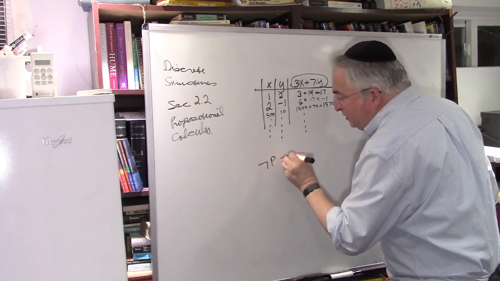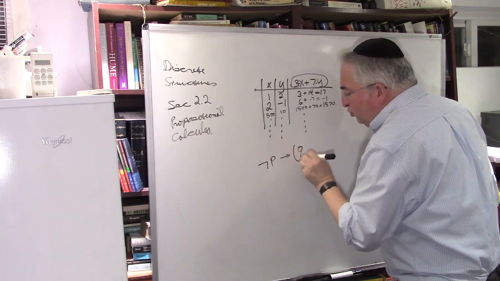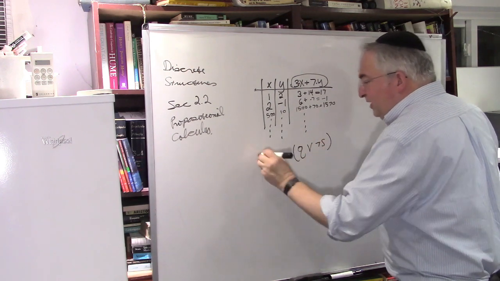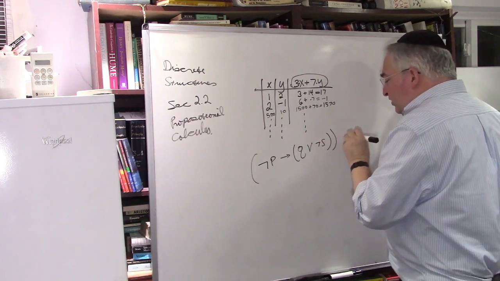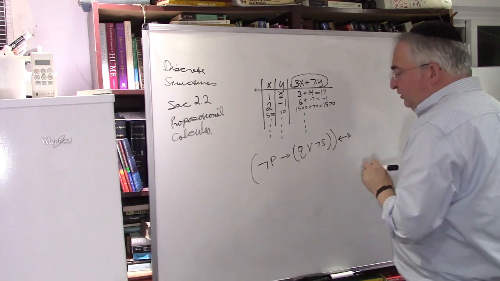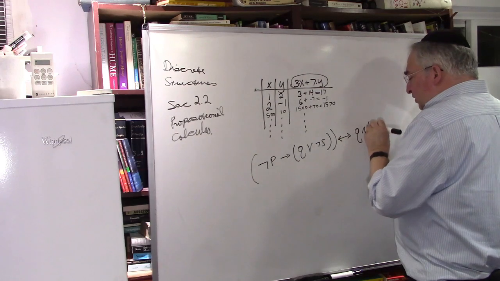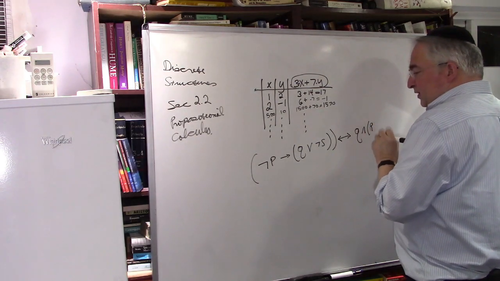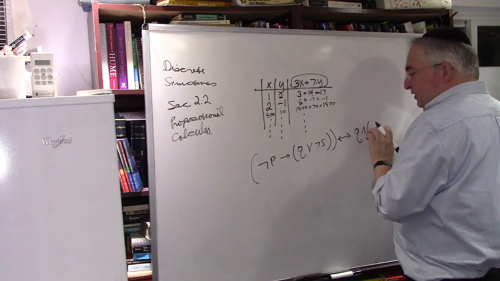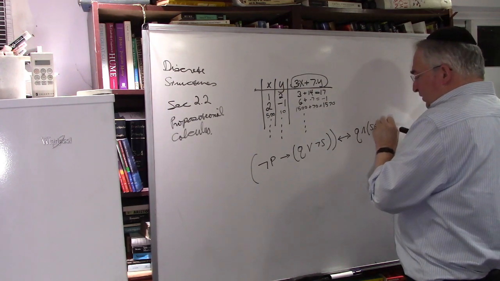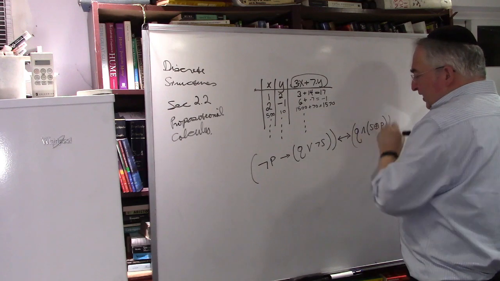Not P, arrow, Q or not S. Take this whole thing and say this is biconditional to Q and R. Let's make that small. Let's make that S plus P. Something like that.